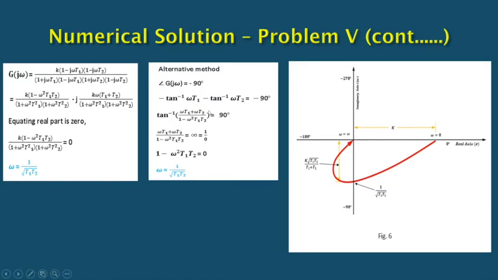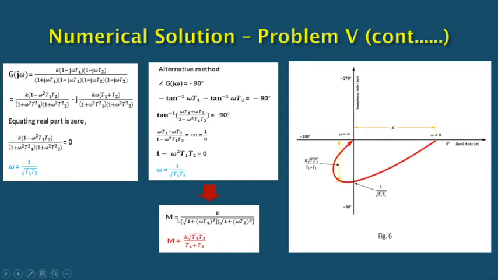Then this equation is equal to tan 90. Tan 90 means infinity, so 1 by 0. That means 1 minus omega squared T1 into T2 equal to 0. So from this equation we get omega. We get the same value because these are two alternative methods.